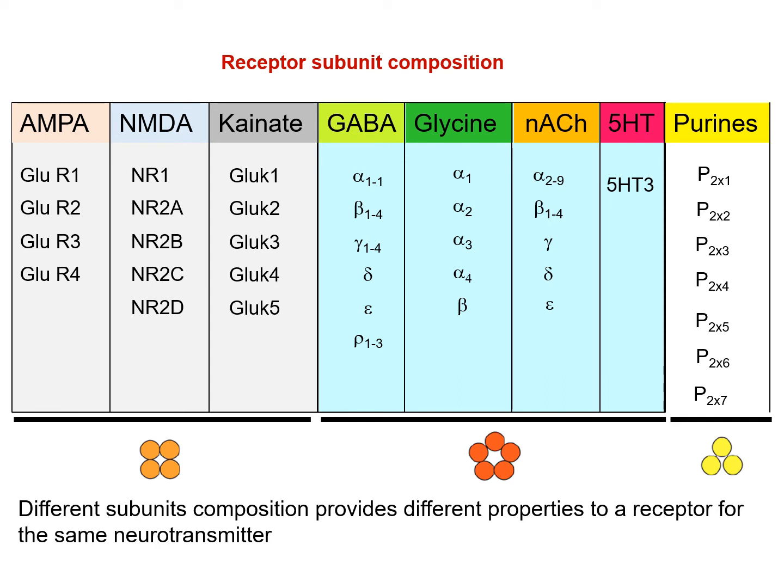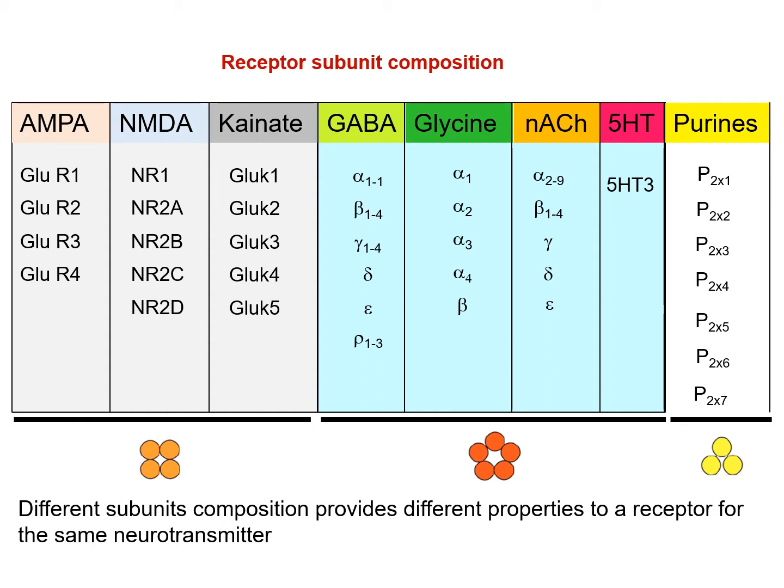So different receptors have different subunits, as we said, but there is variability within the subunits that they can occupy for each receptor. The glutamate receptors, as we see, are tetrameric receptors with 4 subunits.